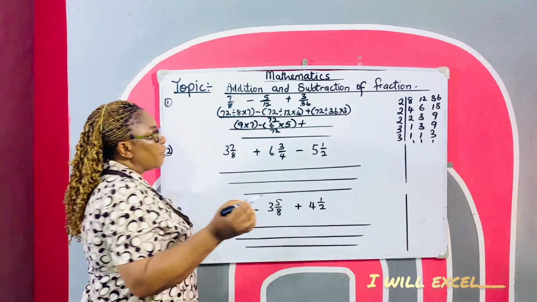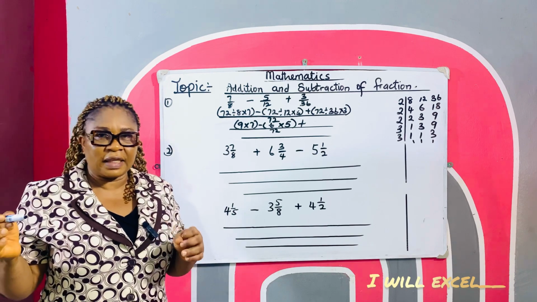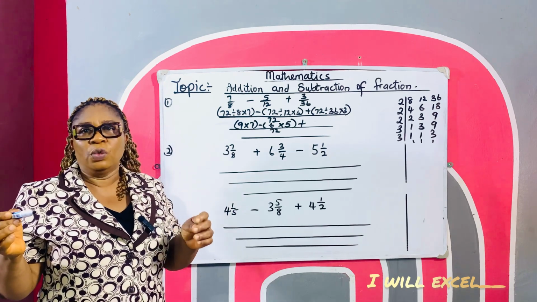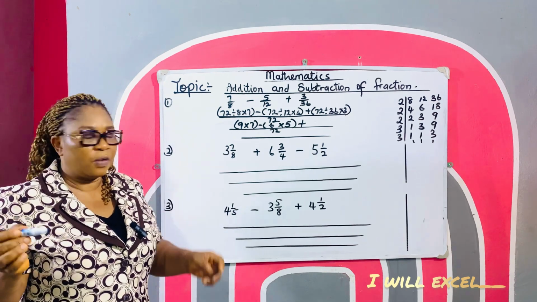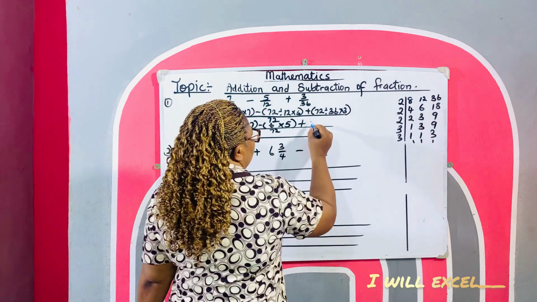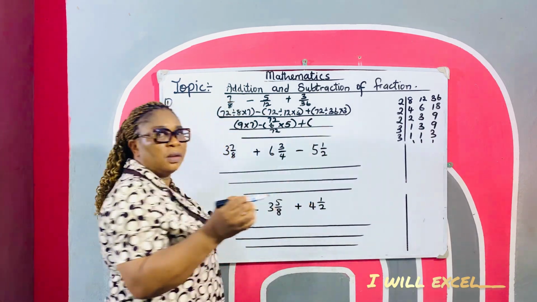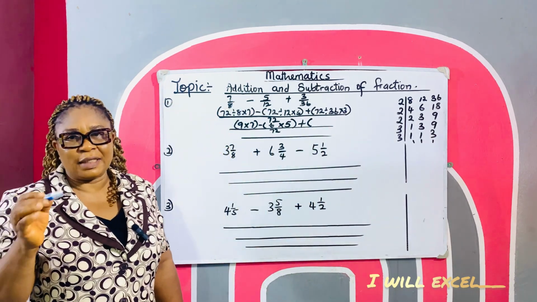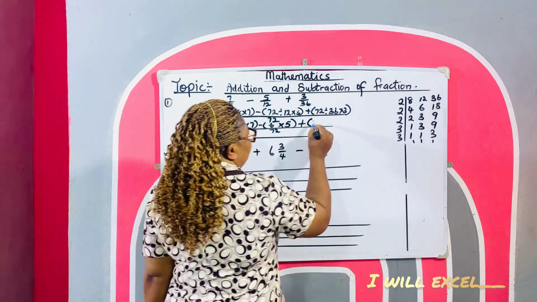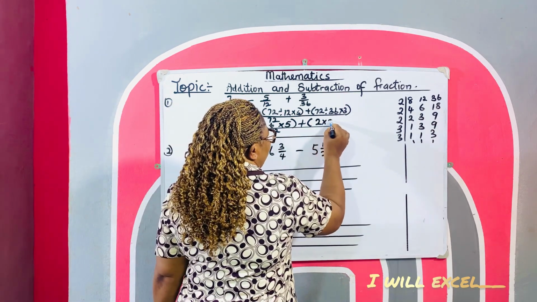Okay? 72 divided by 36 will give you 2, sorry. Give you 2, 2 times 3.